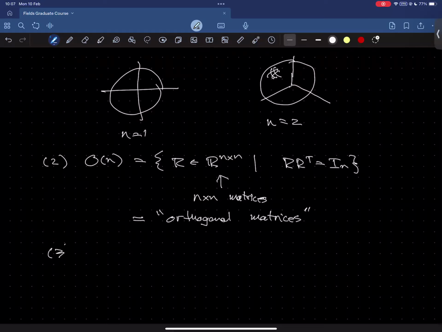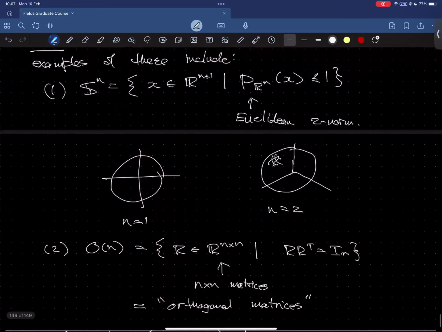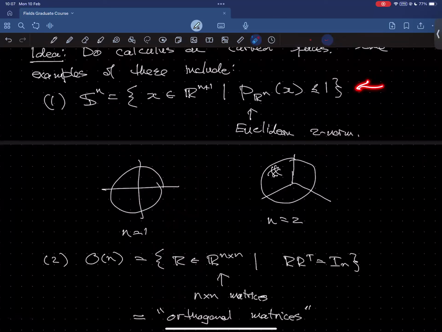So those are two finite dimensional examples. Let V be an inner product space. So this example generalizes this example.